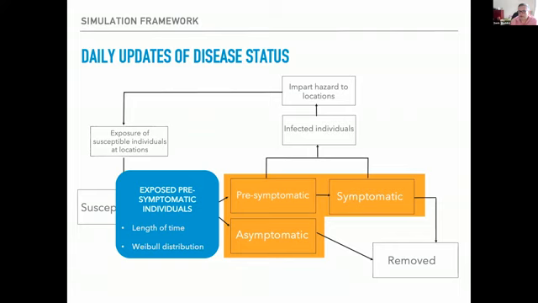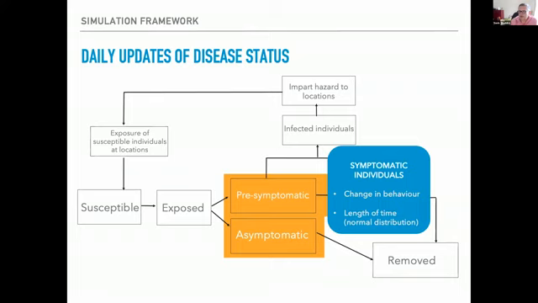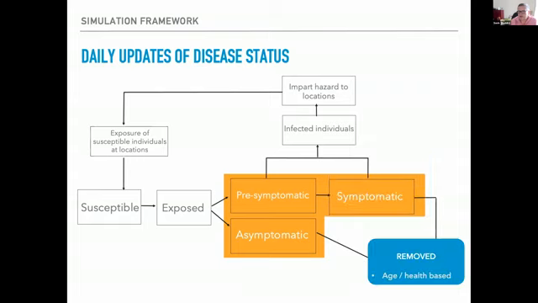If you are symptomatic, there'll be a period when you're pre-symptomatic, and after that you will change your behaviour. If you have the disease, we are working on the assumption that you'll be removed from the susceptible population. Obviously now, hopefully, the vaccines will be a fast track to that box.